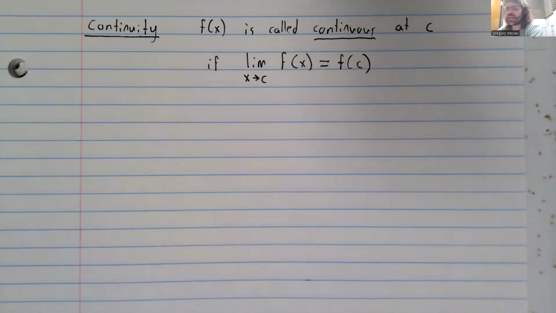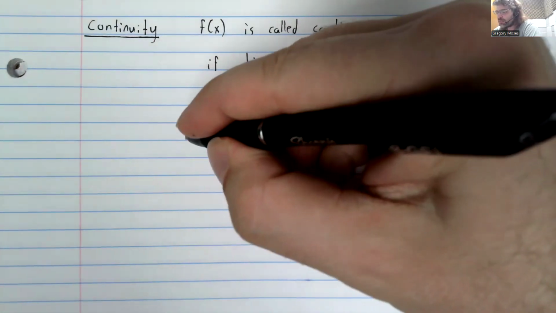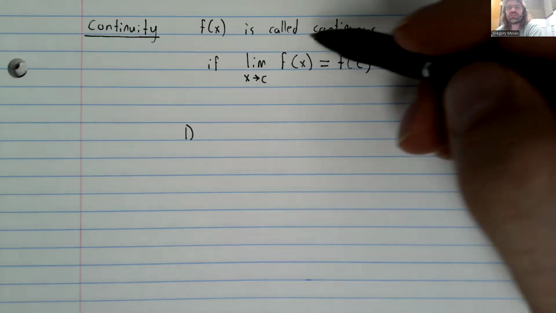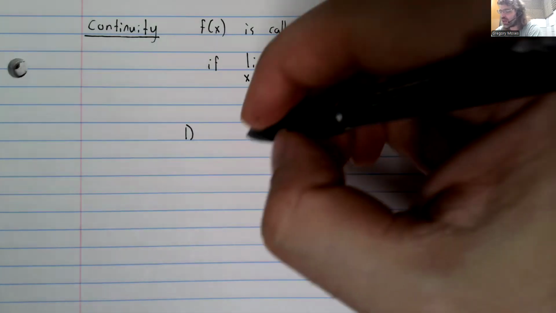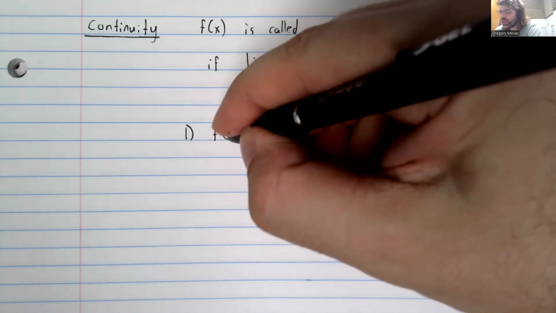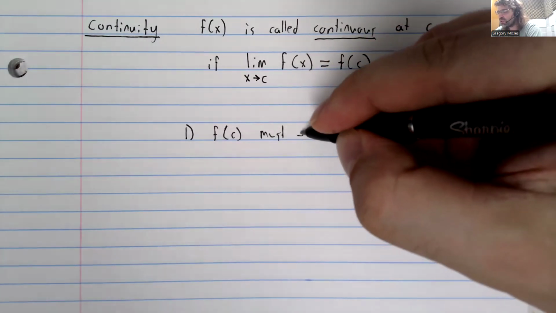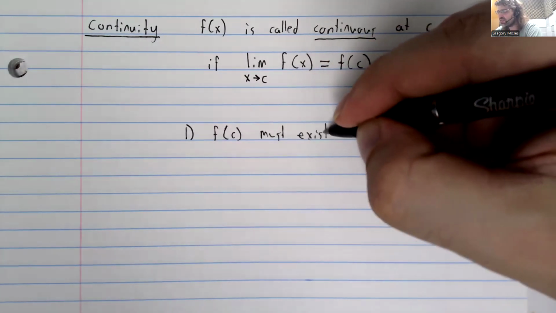I mean, it's fine as it is, but sometimes you see it broken into sub-requirements. So for this equality to be satisfied, f of c must exist.